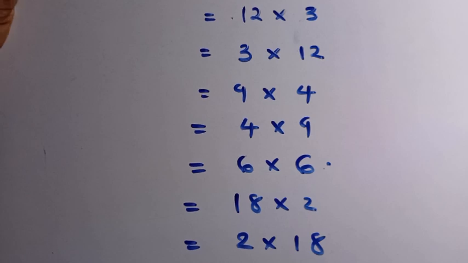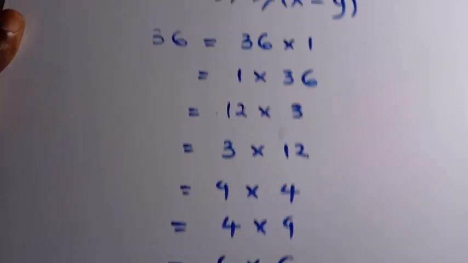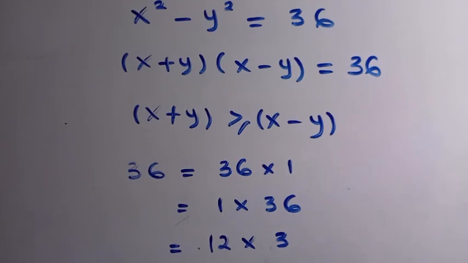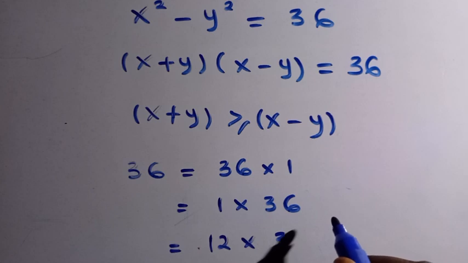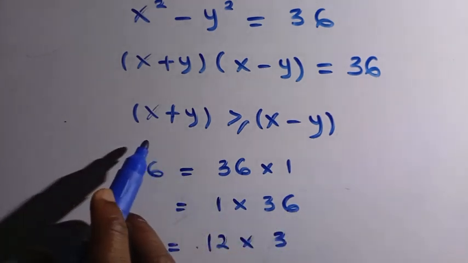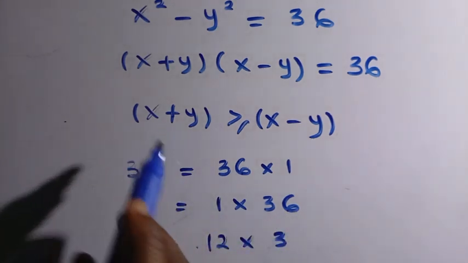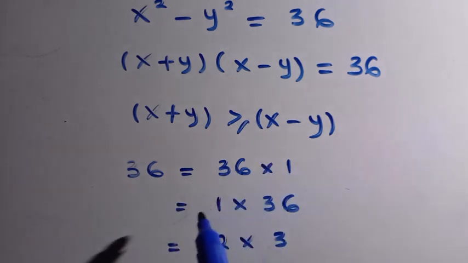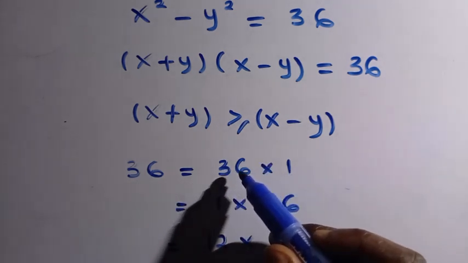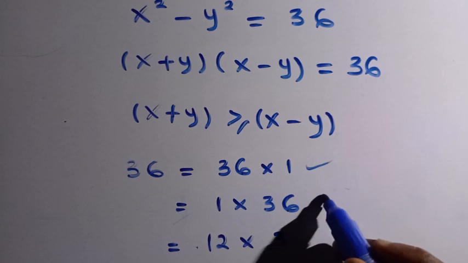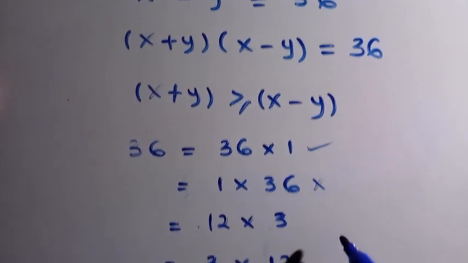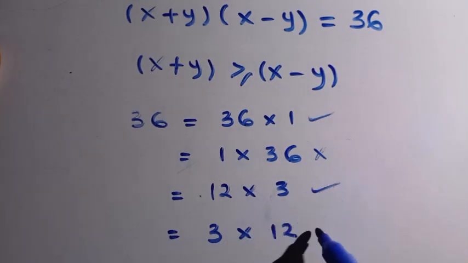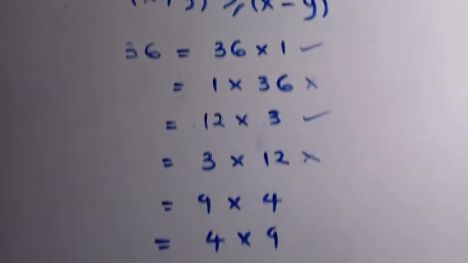But according to the given question, x plus y is always greater than or equal to x minus y. So for every x plus y we consider the first factor, and for x minus y we consider the second one. Since x plus y is greater, this is correct. So we cancel this. For the second one, this is correct, we cancel this.